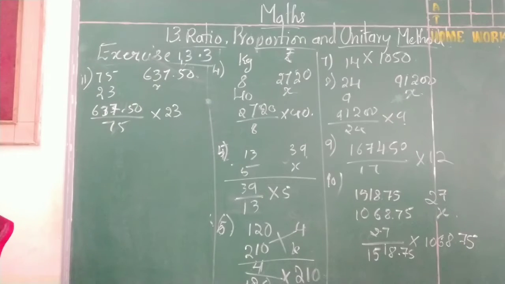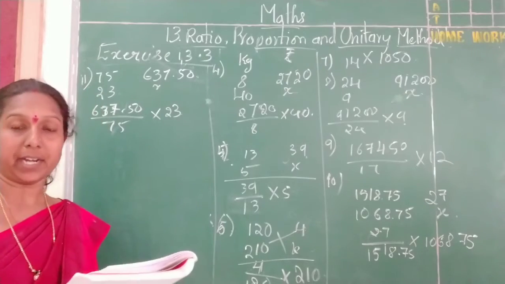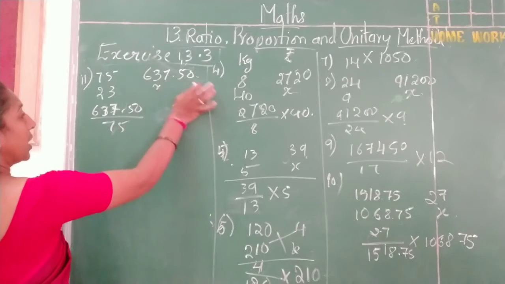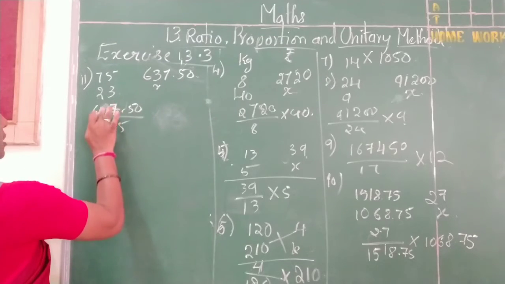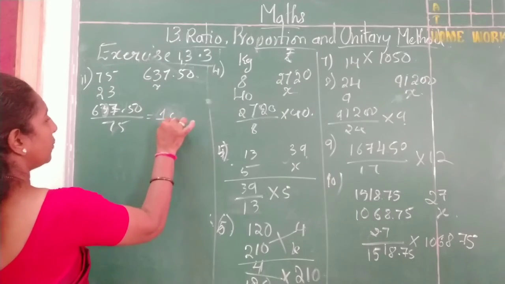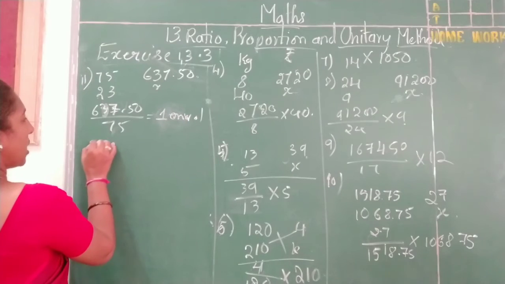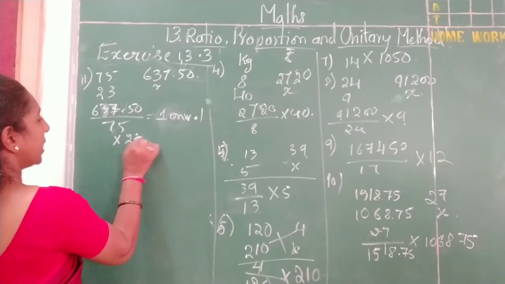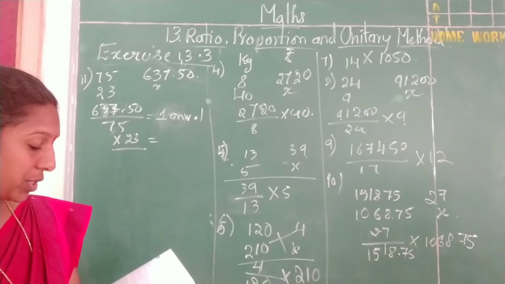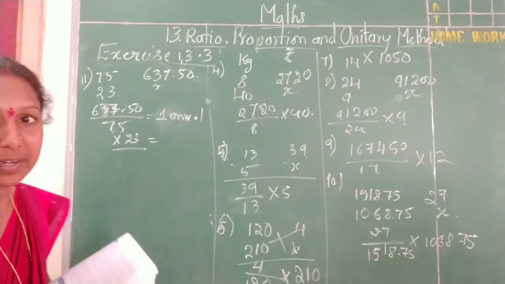But how many such envelopes can be bought for rupees 800, they are asking. So here I got the cost of the 23. If I find 637.50 divided by 75, I will get the cost of one envelope, and if I multiply that cost by 23, I will get the cost of 23 envelopes. What their question is, how many such envelopes can be bought for rupees 800.